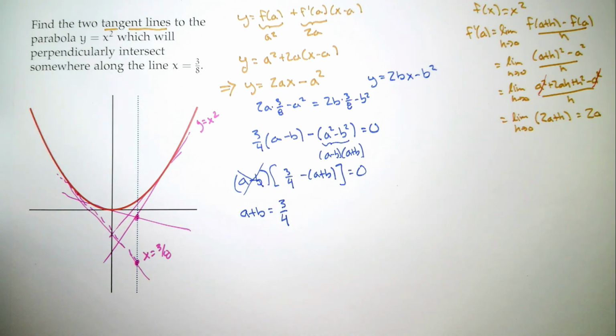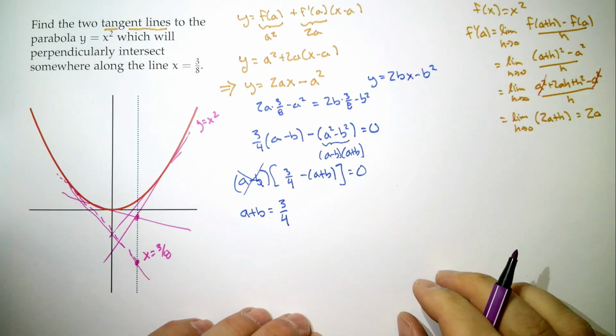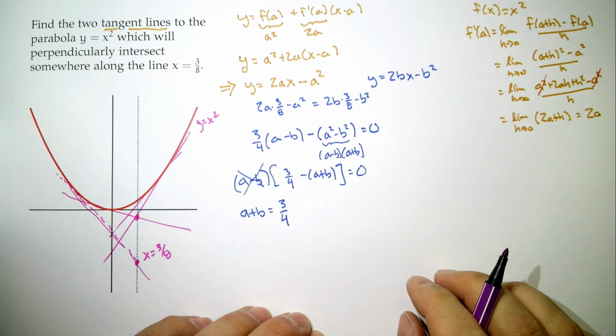So we haven't used everything yet. What haven't we used? Or what fact haven't we said? Okay, we also must do perpendicular. We haven't said anything about perpendicular. All right, so when are two lines perpendicular? Slopes are negative reciprocals.